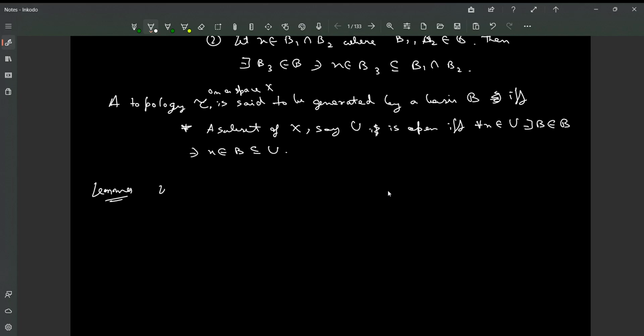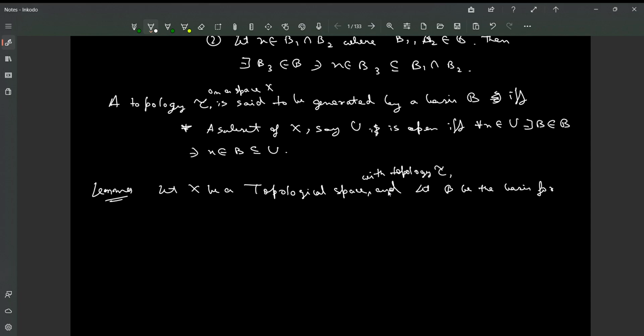Let X be a topological space with topology tau, and let capital B be the basis for tau, that is, the basis which generates tau.